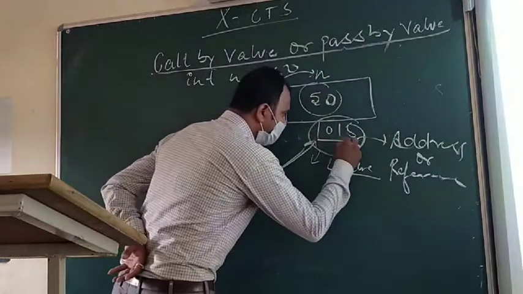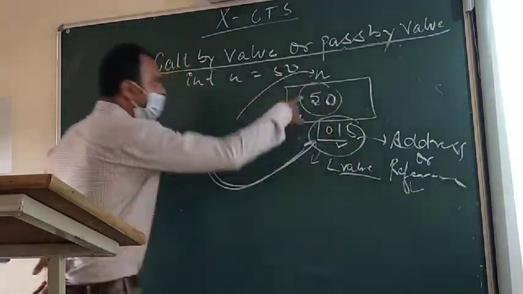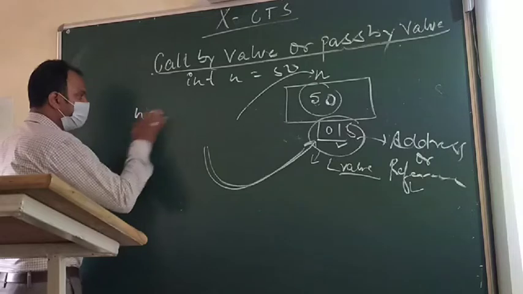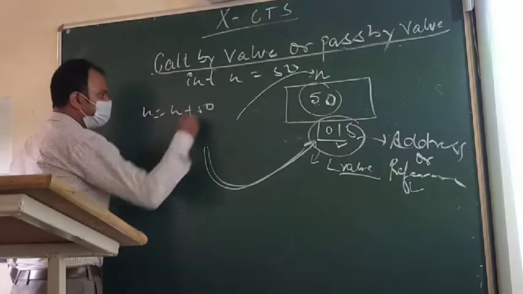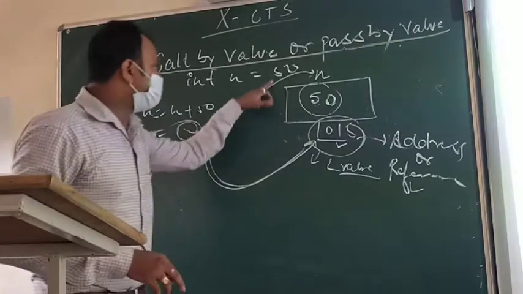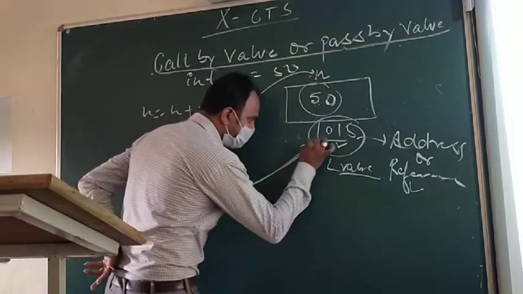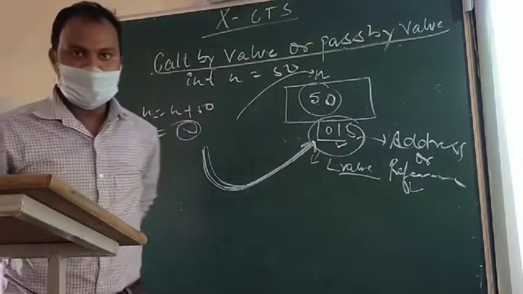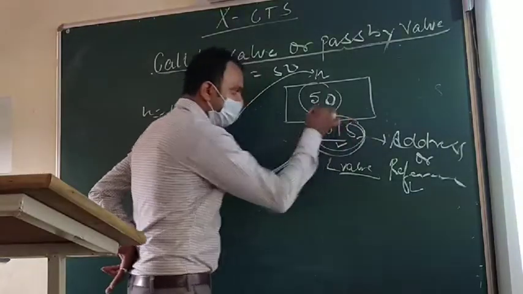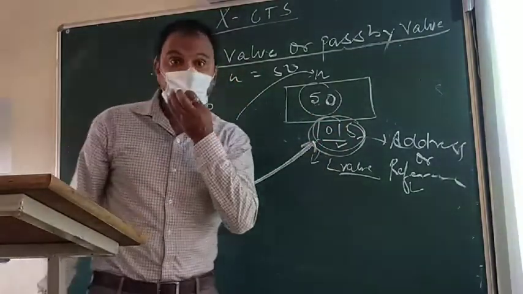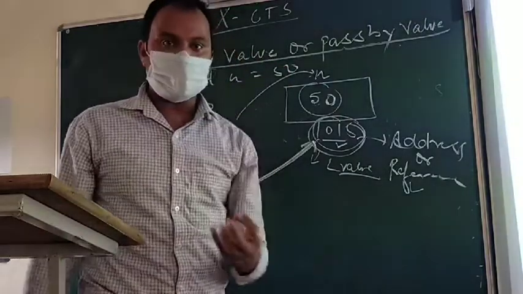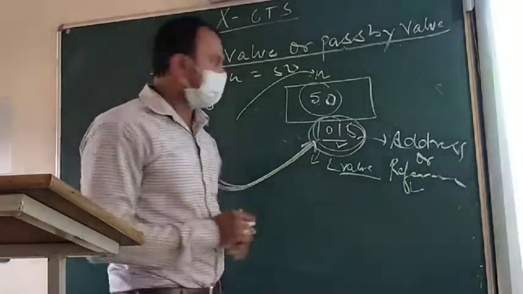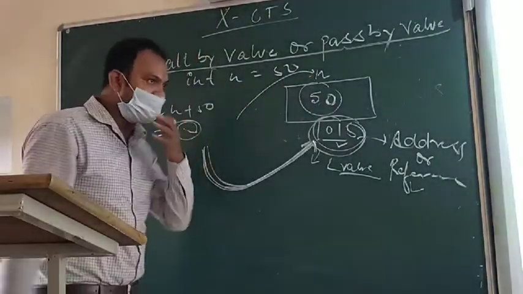This is known as the address or reference of the value. Directly, n equals n plus 50 gives 100. But accessing a value through reference is a little trickier: we pass the reference, meaning the object, and through the object we access this 50. This is the main functionality of how you can access the values.